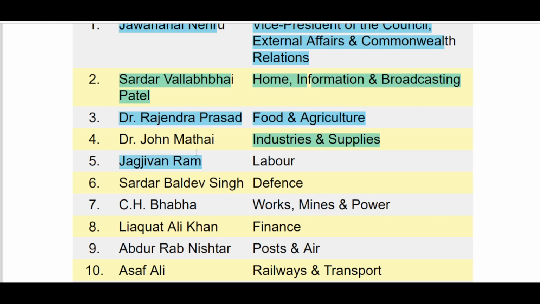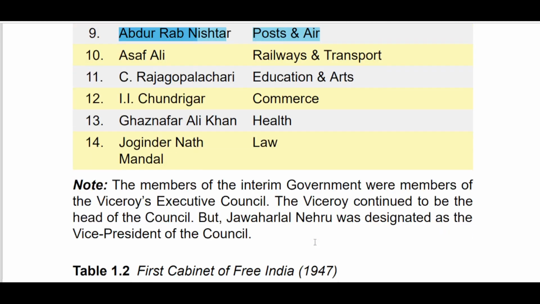Dr. John Mathai, Industries and Supplies Minister. Jagjivan Ram was the Labour Minister. Sardar Baldev Singh, Defence Minister. C.H. Bhabha, Works, Mines and Power Minister. Liaquat Ali Khan, the Finance Minister, and Abdur Rab Nishtar, Post and Air Minister.